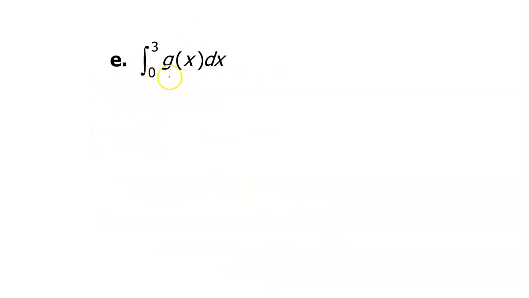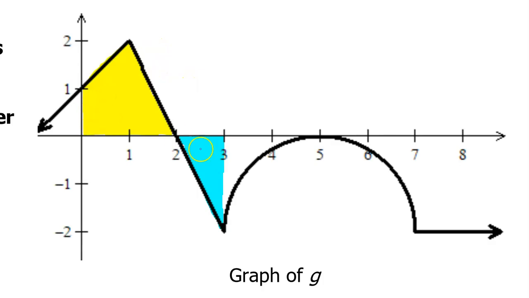For part E, we need to find the integral of g from 0 to 3. This shaded area would represent the integral of g from 0 to 3. The area above the x-axis is a positive area. The area below the x-axis is a negative area. Notice that the net area from 0 to 3 can be thought of as the sum of two separate areas.